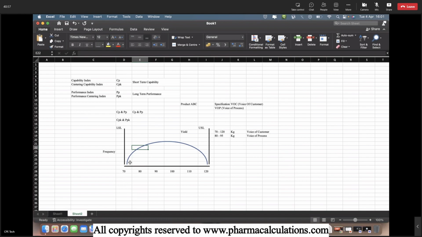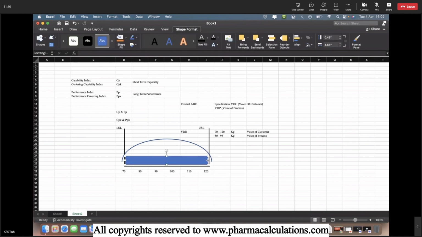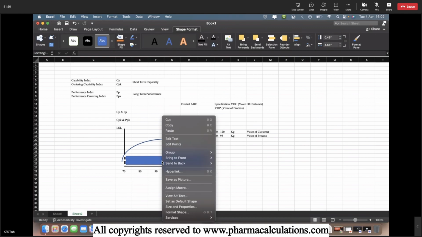For example, if this same distribution is going to cross the specification limits, let's draw it. Now in this case, you can see these are the specification limits, and the data points have crossed the specification limits. This is the accepted region, the region where the batches are accepted.